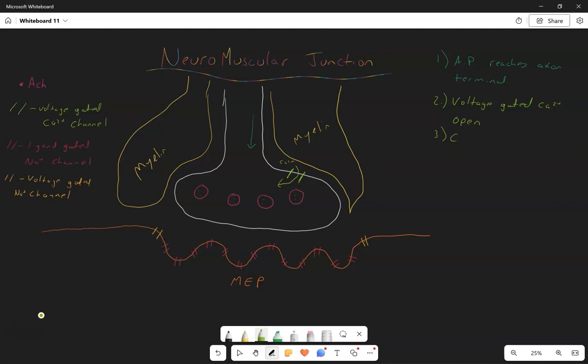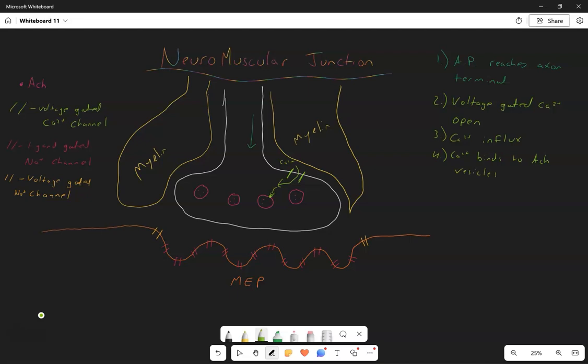So step 3 is we get a calcium influx. And remember that this calcium is going to come over and bind to those acetylcholine containing vesicles. So we're going to say calcium binds to the acetylcholine containing vesicles.